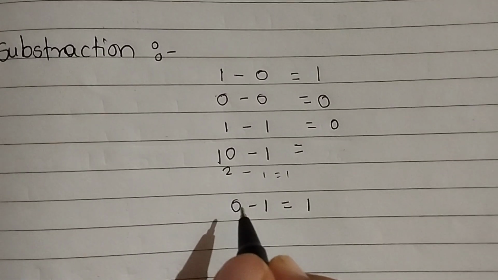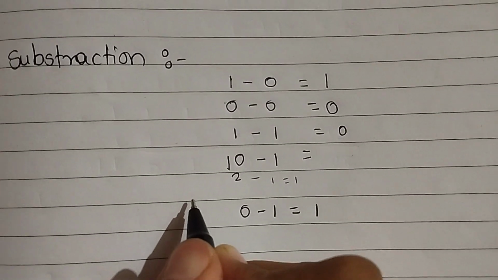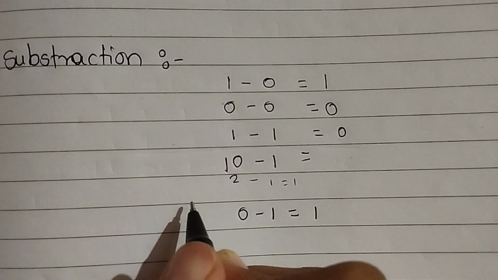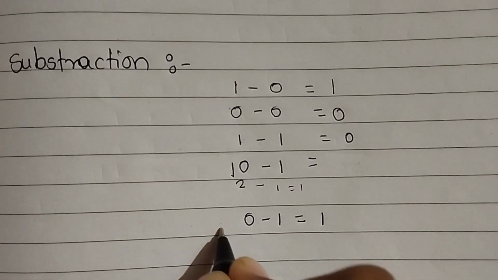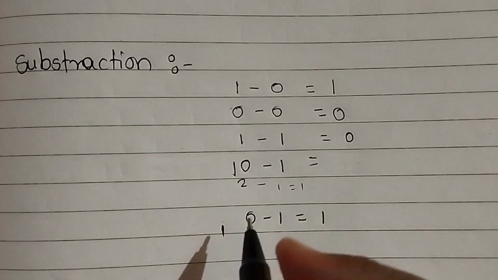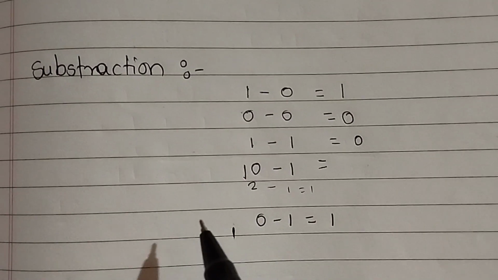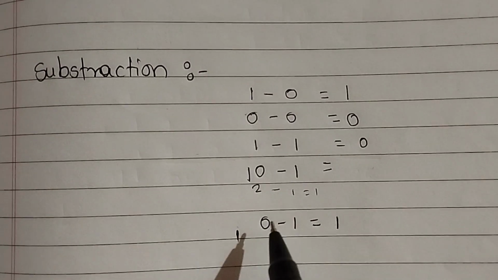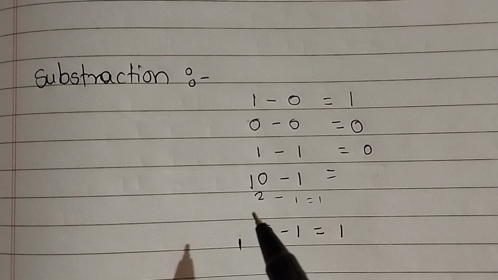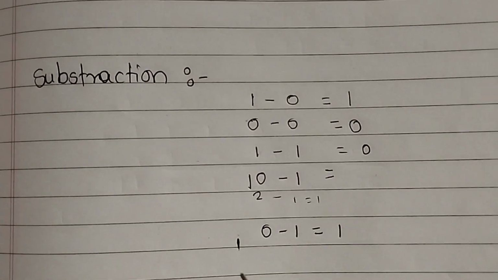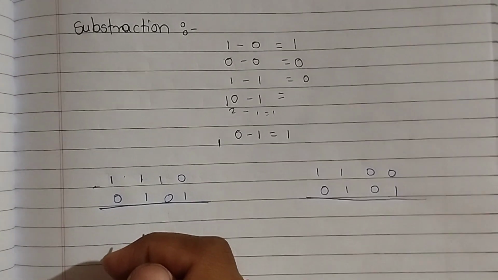So we perform 0 minus 1 is equal to 1, and we take a borrow from another bit. So this is the borrow bit. In addition we take carry, and in subtraction we take borrow. So when 0 minus 1 comes, that time this is equal to 1 with a borrow from the previous bit. First we see a simple example of subtraction, then we move to floating point.